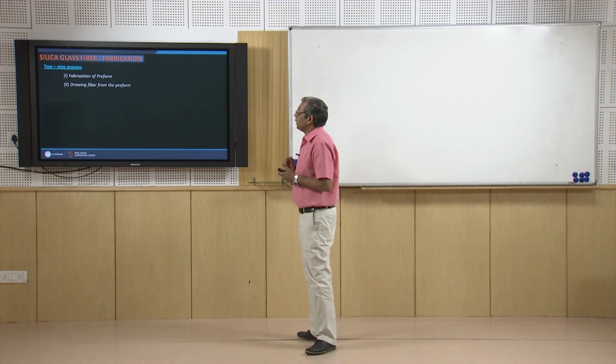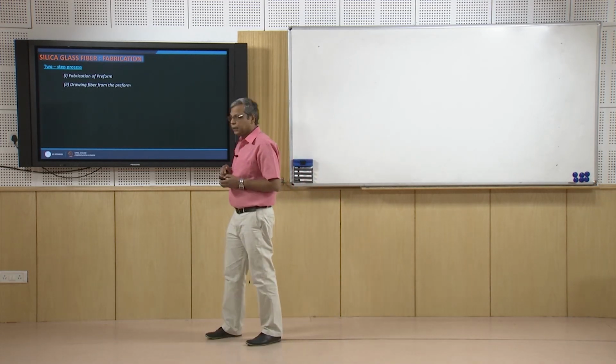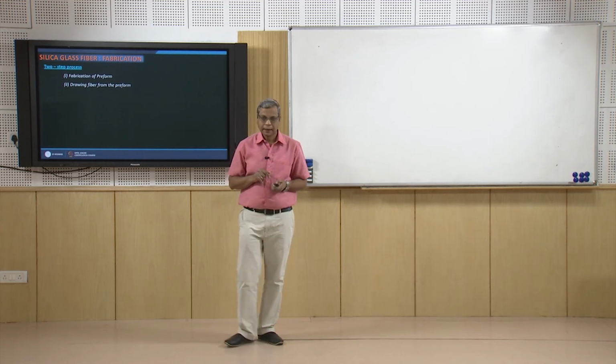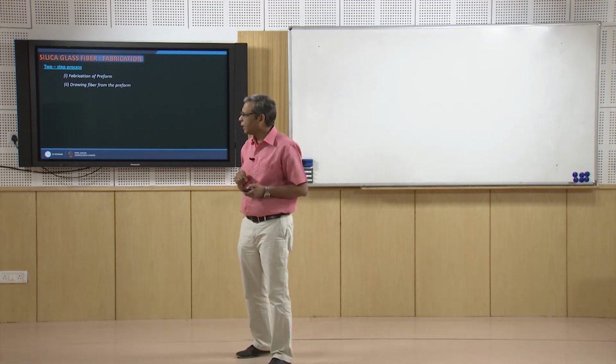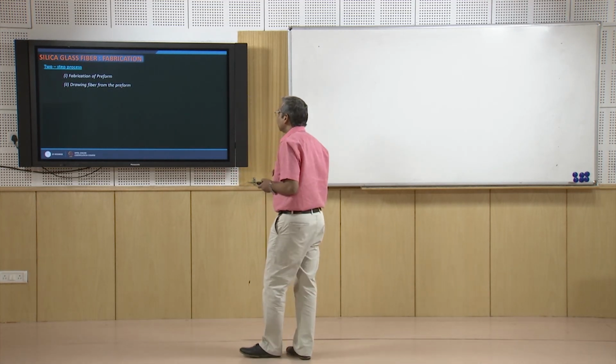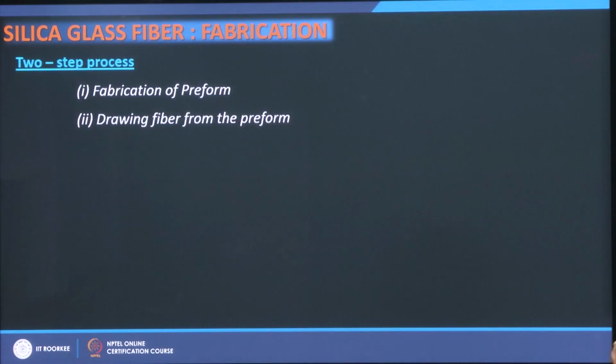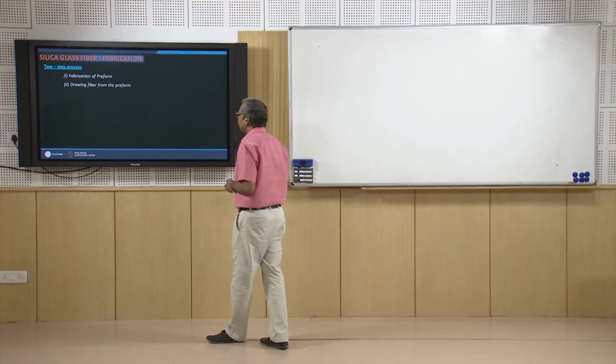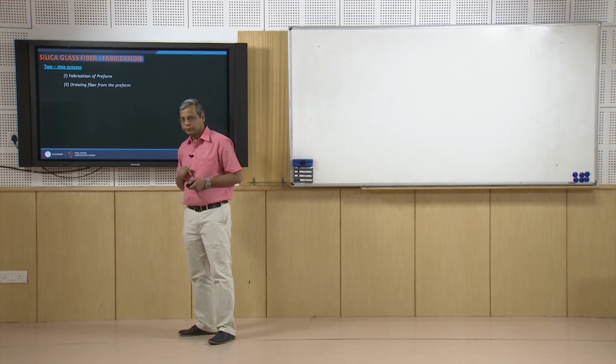Now, we will concentrate on the fabrication of silica glass fiber, and the fabrication of silica glass fiber is a two-step process. First is fabrication of preform and second is drawing fiber from the preform.